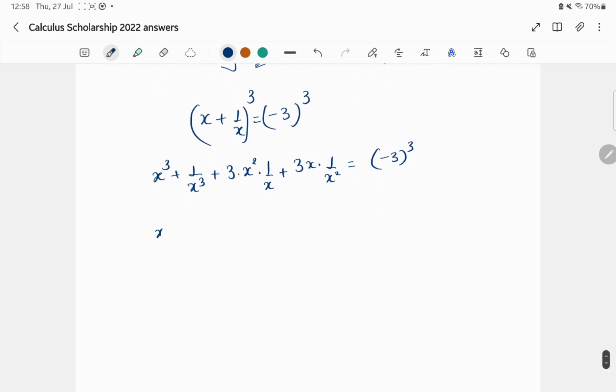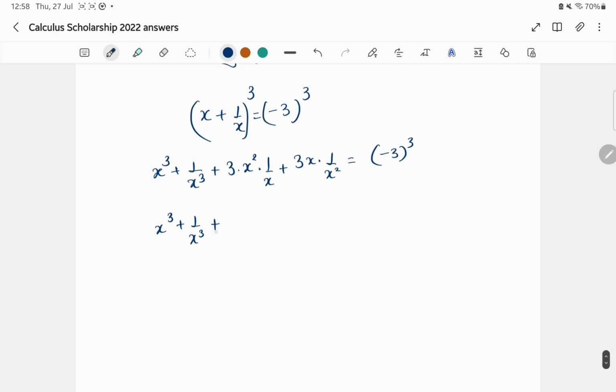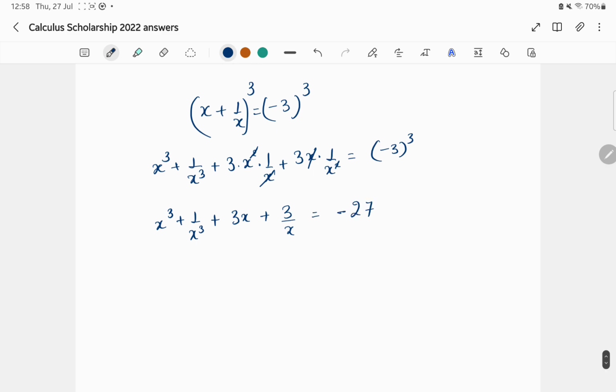Cool. So we have x cube plus 1 over x cube. Let's simplify that. So x will cancel one of the x values. So we are left with 3x plus 3 over x is equal to minus 27. Amazing. Now here we need the value of this. The question is asking us to find the exact value of that.